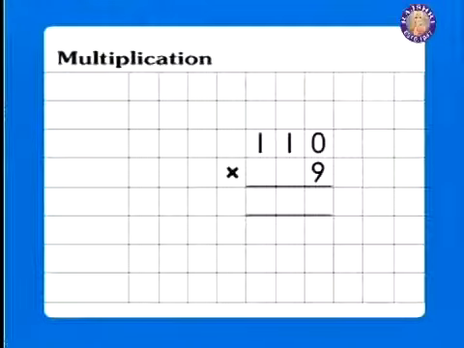So starting from the right, 9 times 0 is what else but 0, which is written below the line. Then 9 times 1 is 9, and again 9 times 1 is 9.